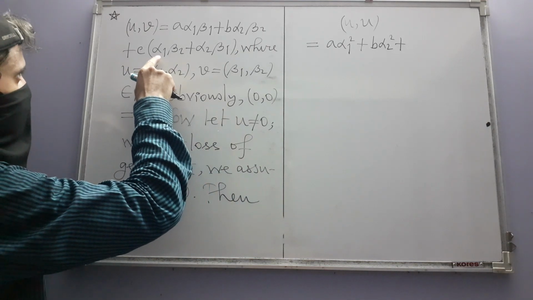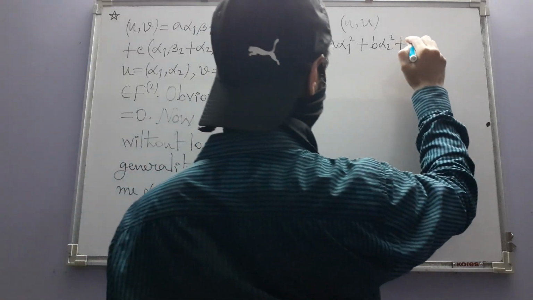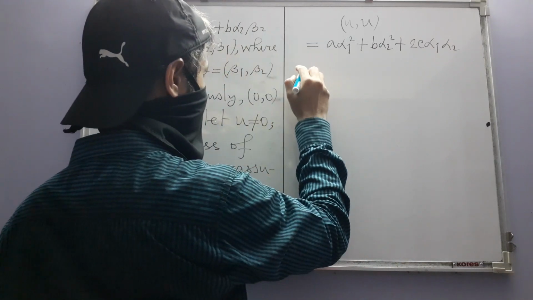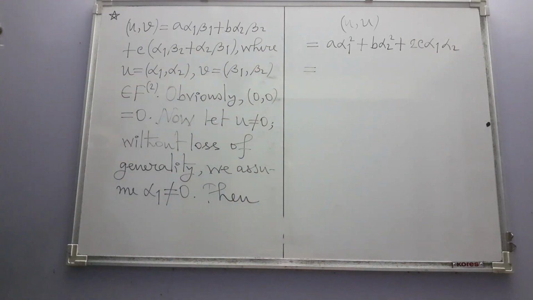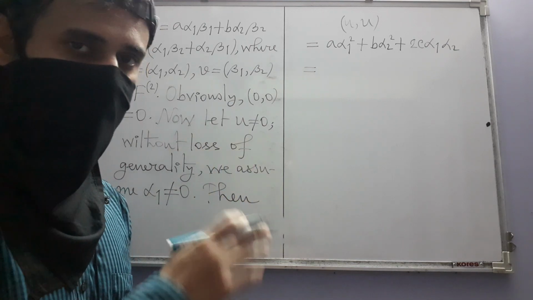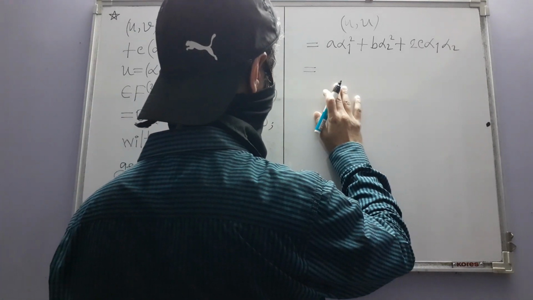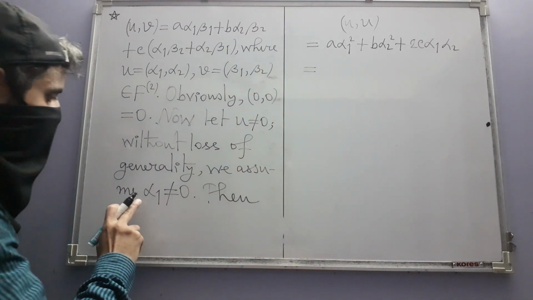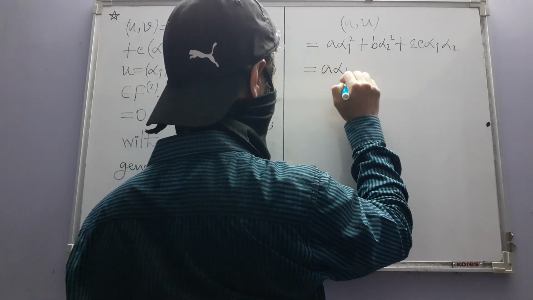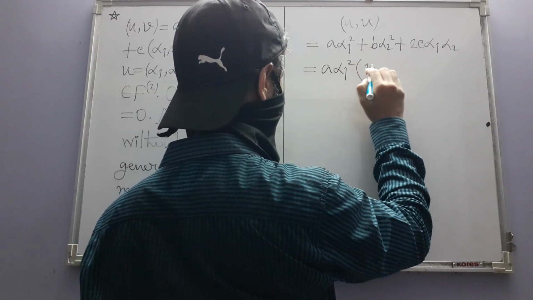And here you will get alpha 1 alpha 2, again alpha 1 alpha 2. So 2c alpha 1 alpha 2. Okay. Now a is already non-zero, and in fact a is positive. That was our supposition, our hypothesis in this part of the solution. And now because alpha 1 is non-zero, its square is also non-zero. So what we can do is take a alpha 1 square common out.